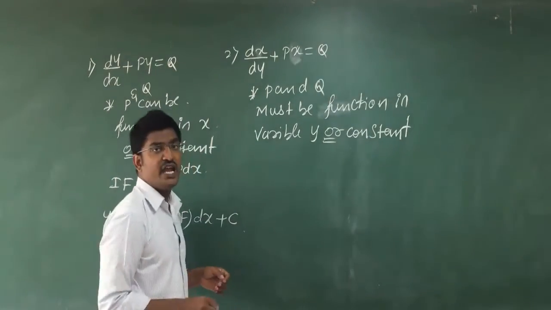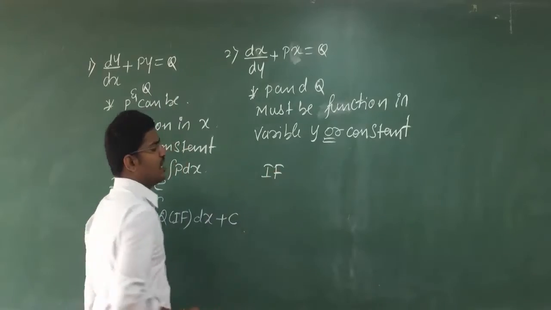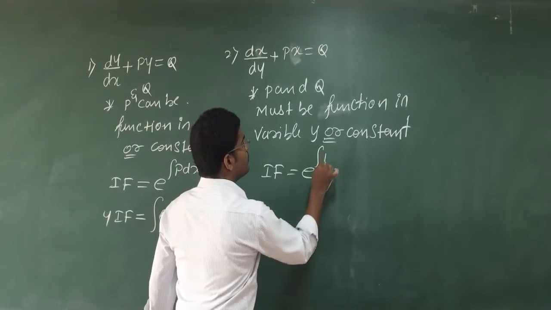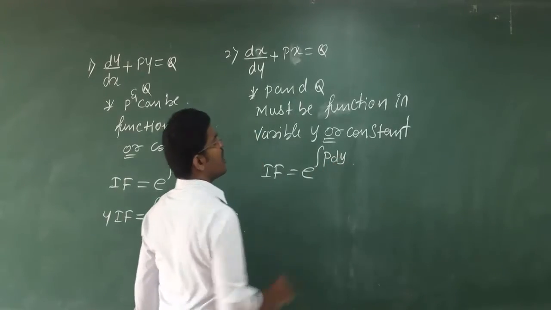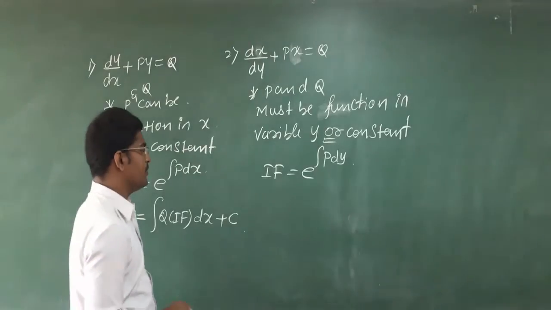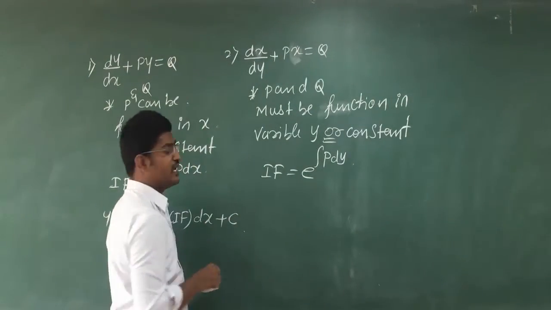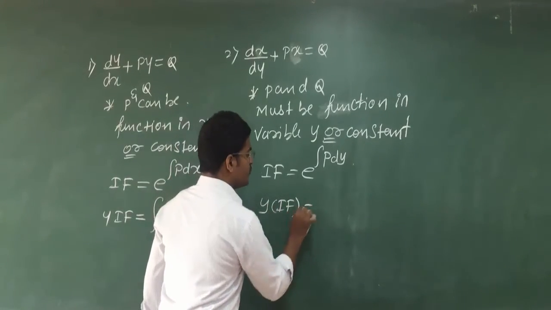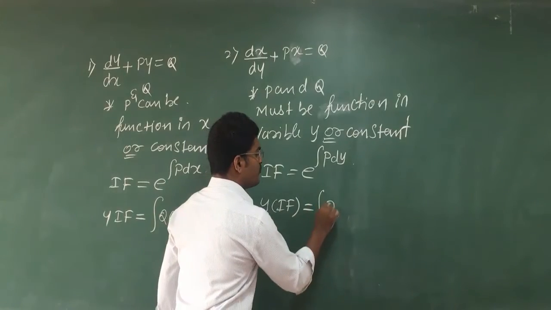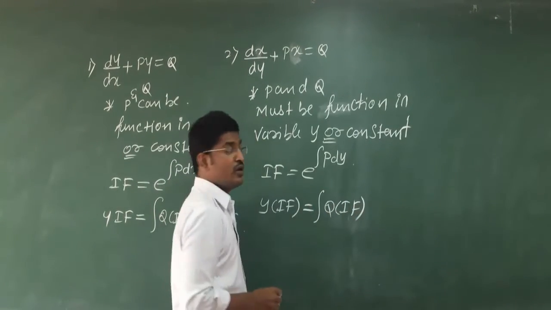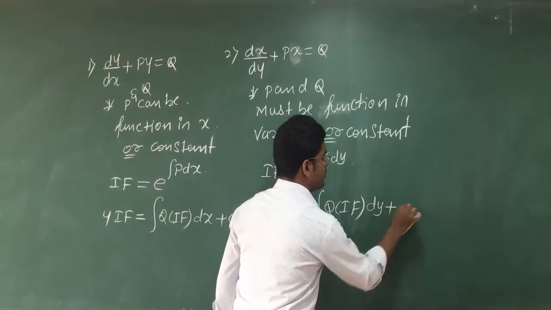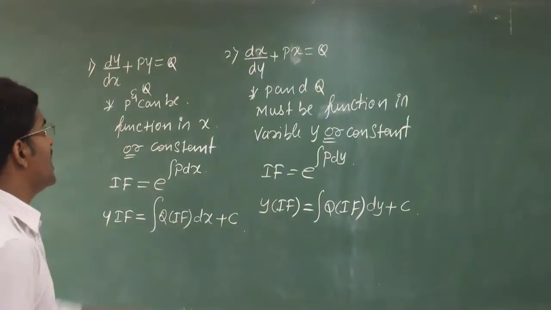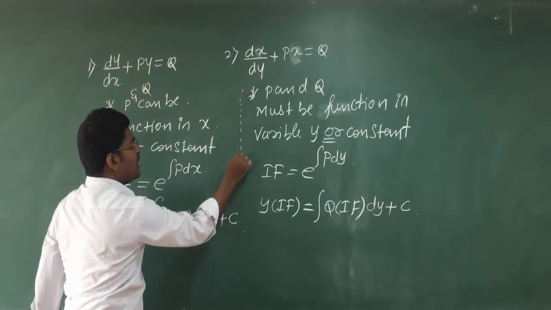Clear? Next, after finding this, you have to calculate the integrating factor, that is e to the power of integration of p with respect to dy. After calculating the integrating factor, you have to simplify y into IF equal to integration of q into IF with respect to dy plus c. You have to simplify this, then you will get the solution of that linear differential equation.